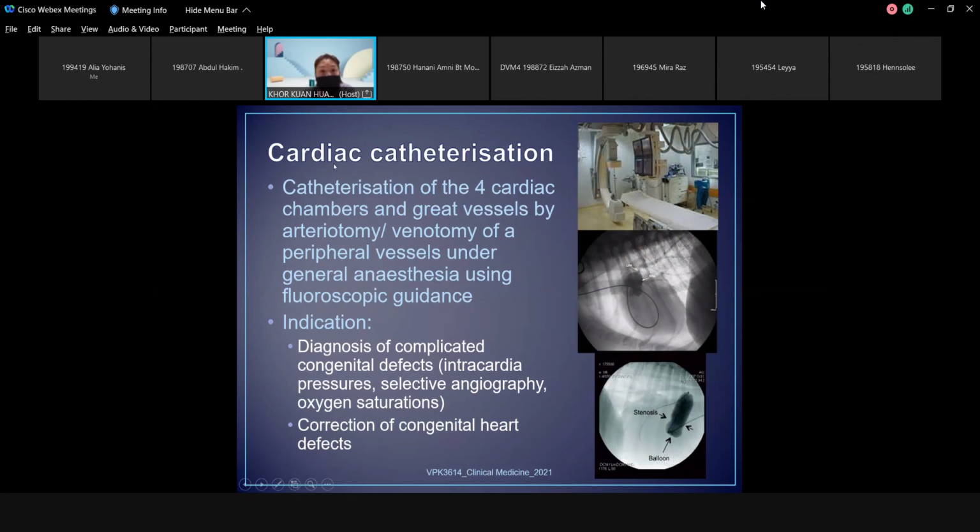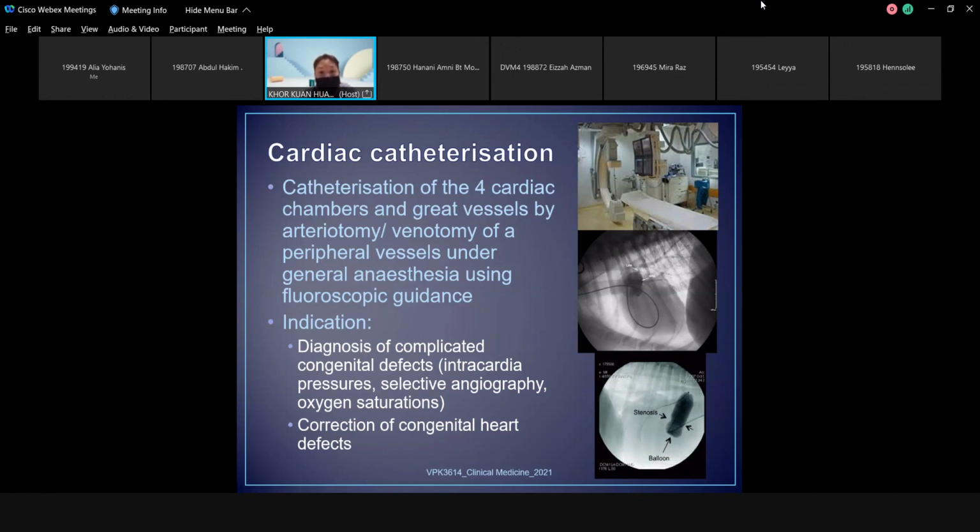Now in cardiac catheterization, again, this is an invasive procedure. But I think it's a very normal thing for human beings. You know, like if you've heard, some people have gone for their angiography. They have gone in for ballooning and stuff like that. But unfortunately, this technology is not widely used for small animals.